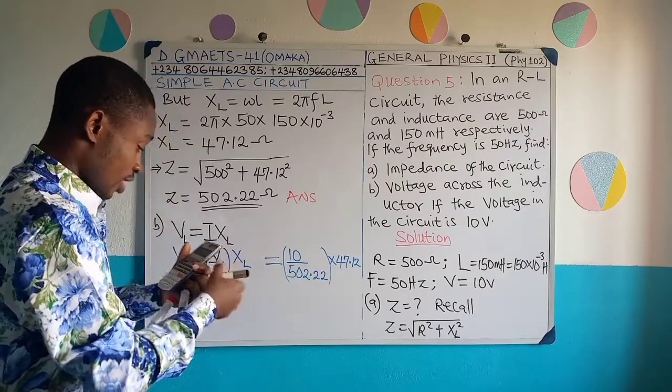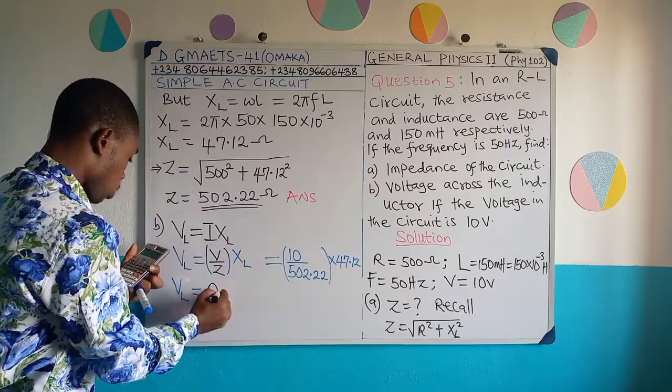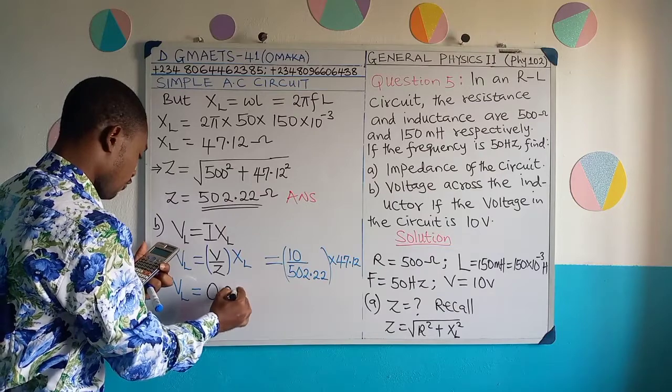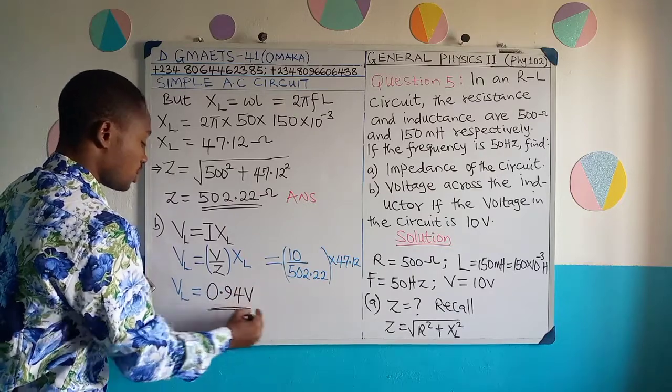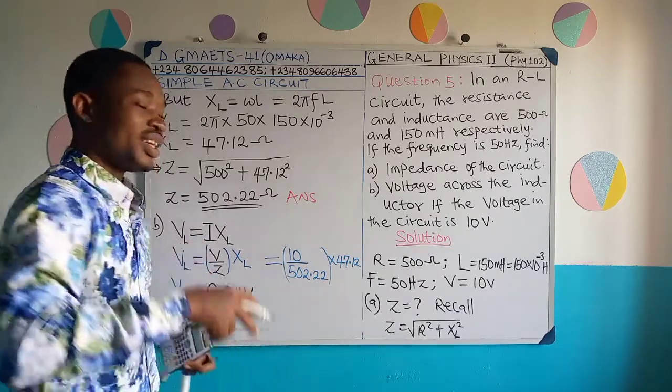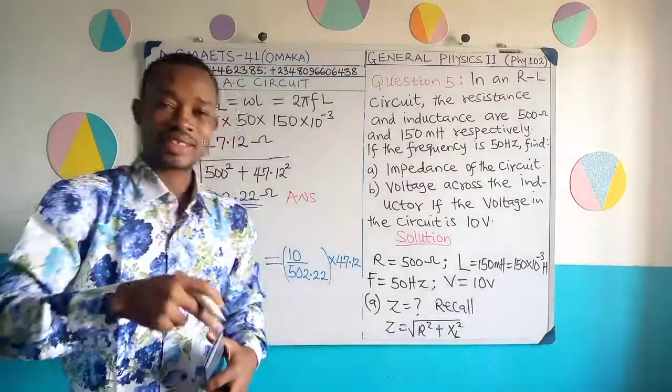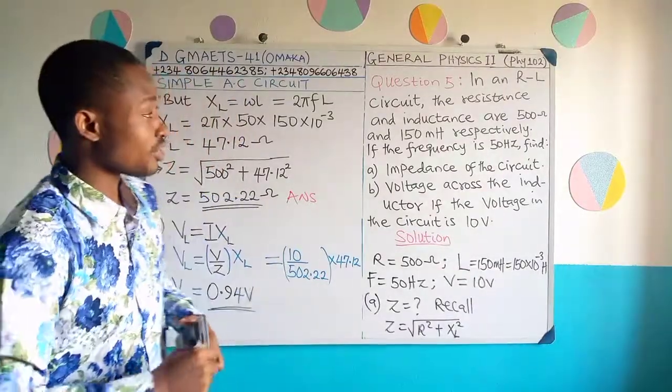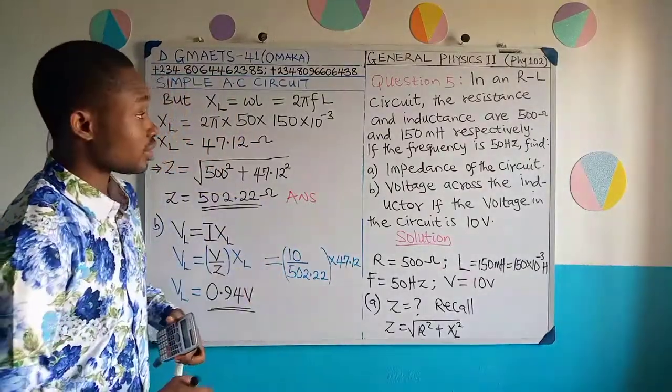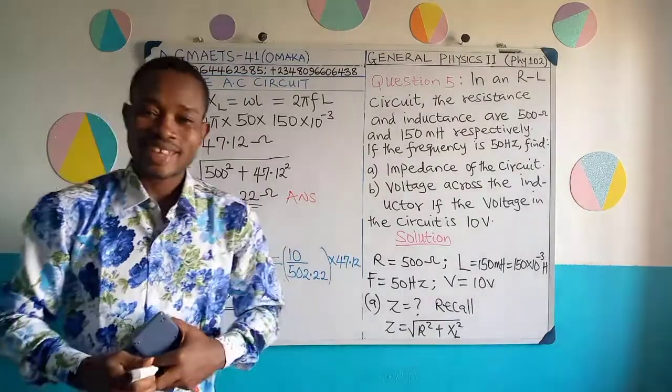So this gave me 0.94 volts approximately. So this is the voltage across the inductor for this RL AC circuit.